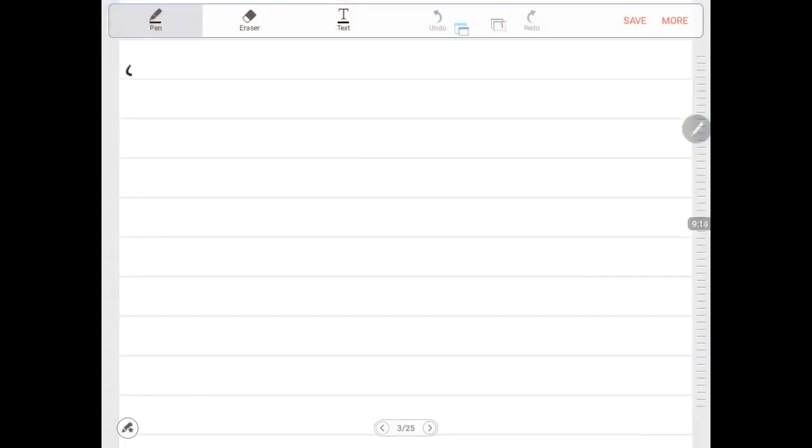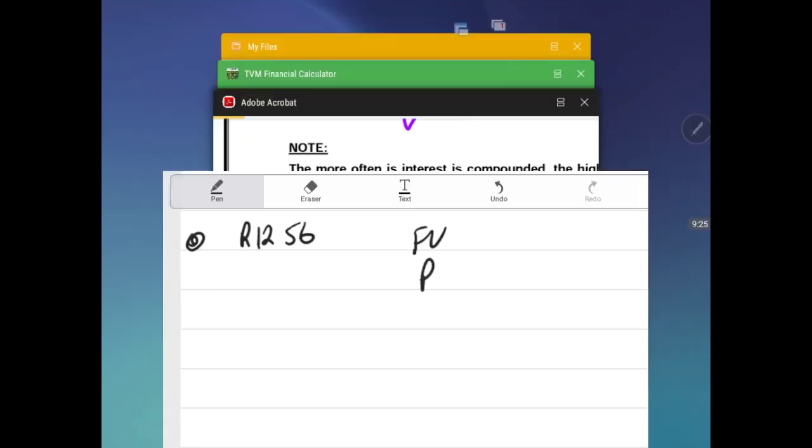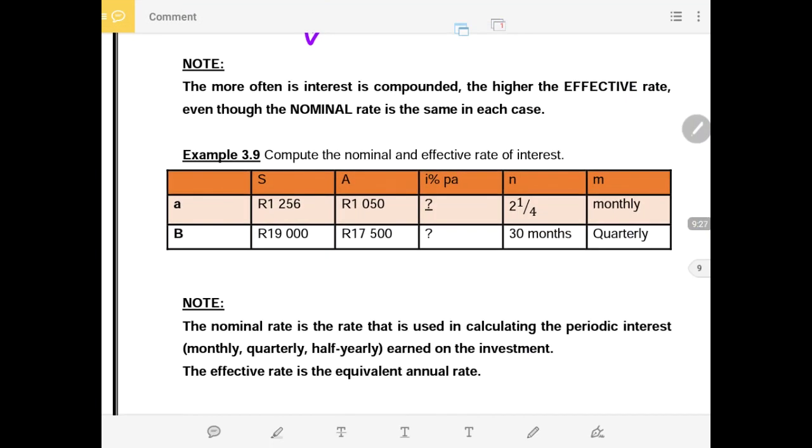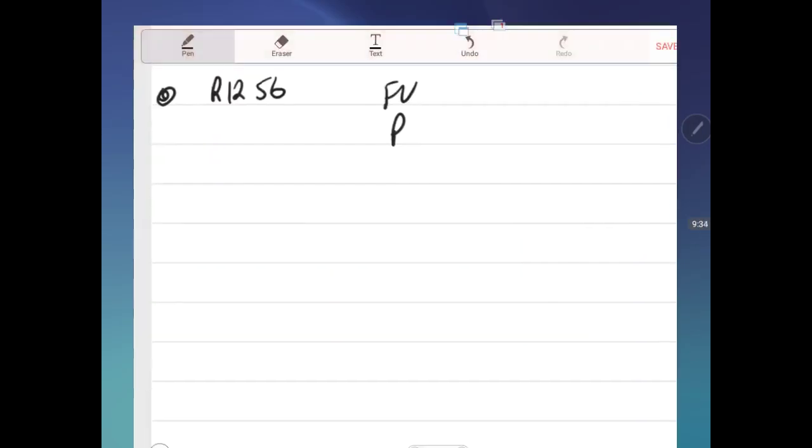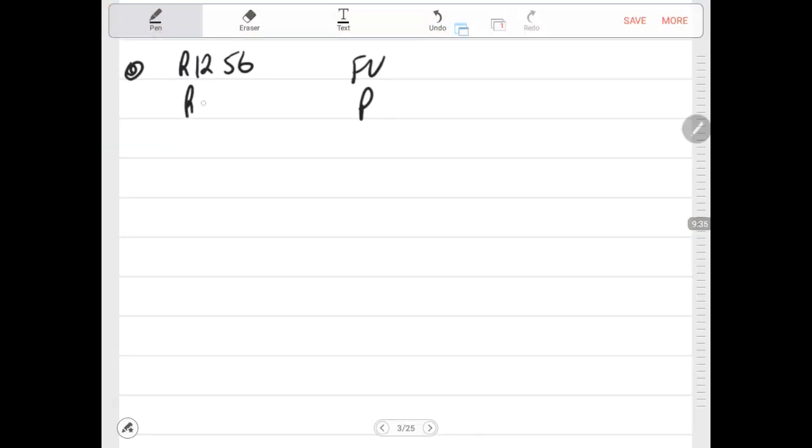We have our present value 1050. It doesn't matter most of the time which one you put as negative, but present value, indicating outflow of cash, preferably must be negative.